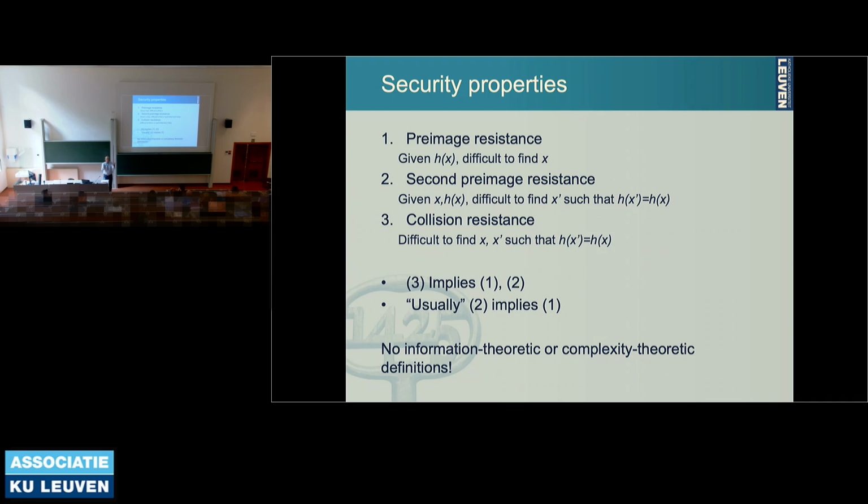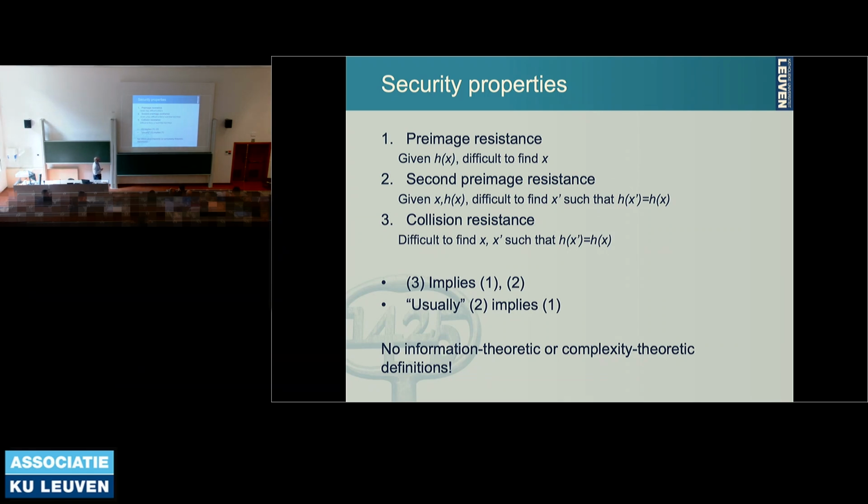If someone gives me a digital contract and I put my electronic signature on it, then it should be very difficult for an attacker to produce another contract that maps to the same output which I then sign. If someone can do that, then you cannot have electronic contracts. Symmetric cryptographers always try to ensure this property, because if you can ensure this, that it's difficult to find this, then the other ones will be even more difficult. But in practice, it's often sufficient to have only that property.